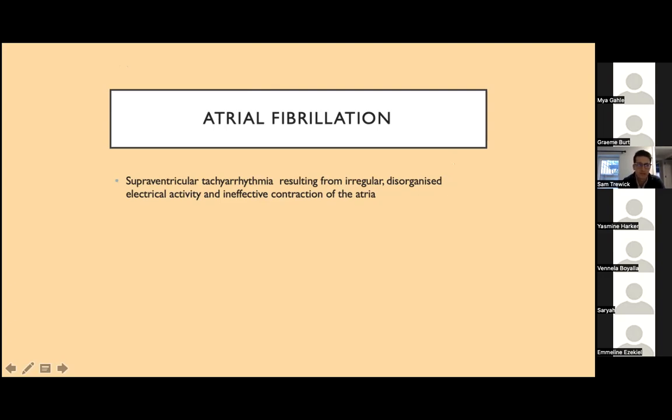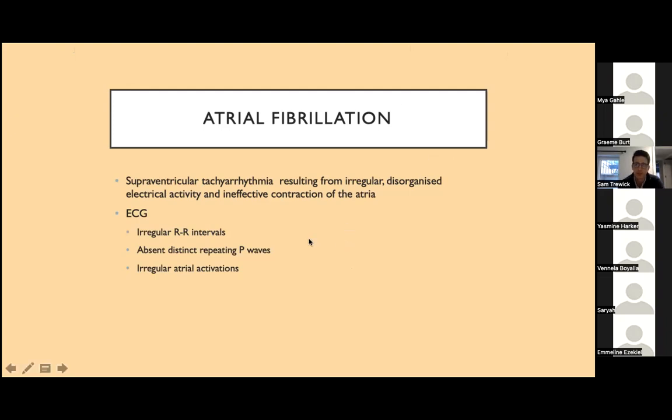Anything else? So there's three distinct things to look for, which you've pretty much said. You've got the irregular RR intervals, absence of distinct repeating P waves, and then irregular atrial activation.